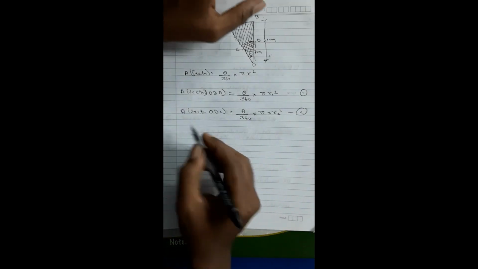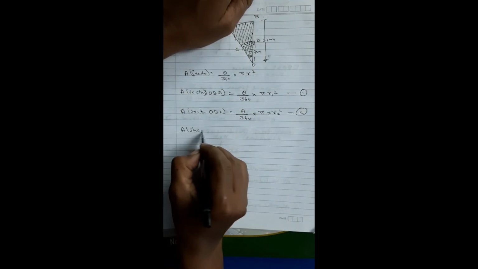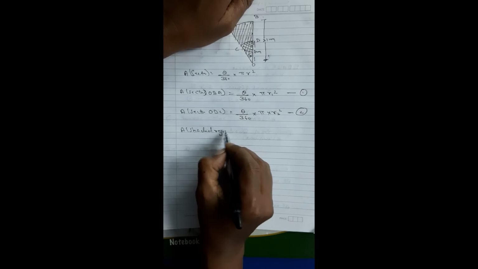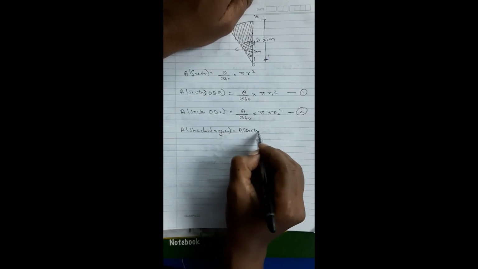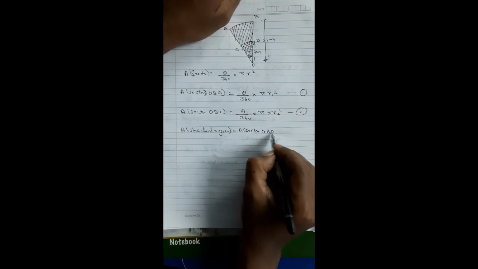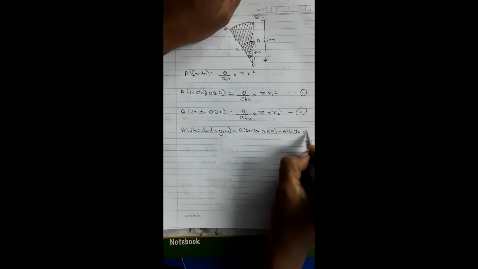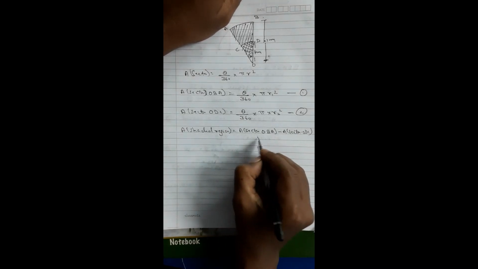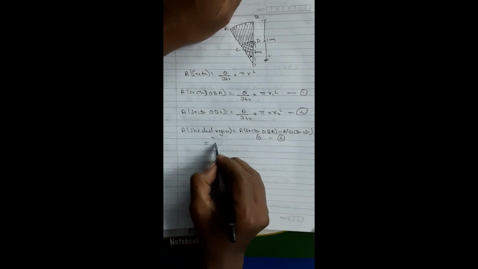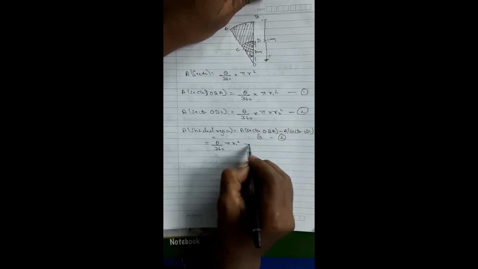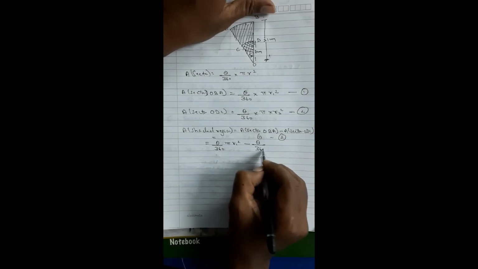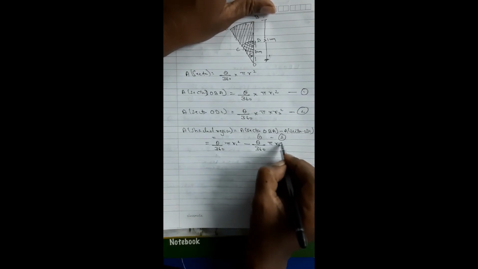Now area of shaded region is equal to area of sector OBA minus area of sector ODC, that is 1 minus 2, that is equal to what? Theta upon 360 pi r1 square minus theta upon 360 pi r2 square.